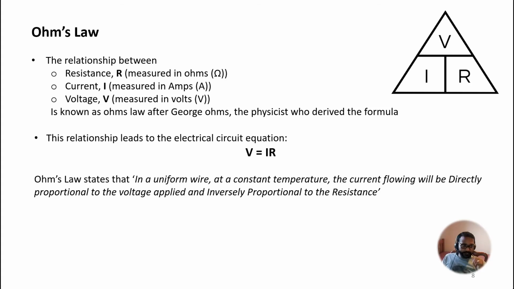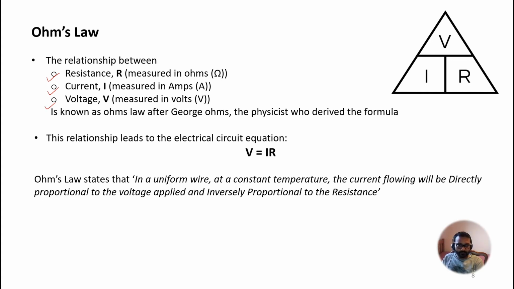Now the next thing which we have to discuss is Ohm's law. I'm sure you might already be aware of Ohm's law. You might have heard about it at least, right? Generally we say that it gives you the relation between resistance, current, and voltage.